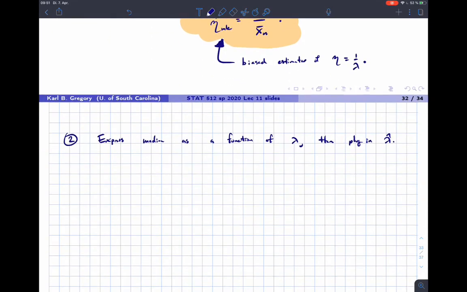So the median, we have to think back to how we find the median of a distribution. So if x has the exponential lambda distribution, we want to find the value, let's call it m, such that this probability is 1/2.